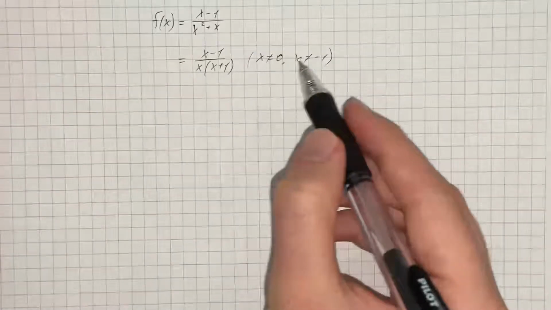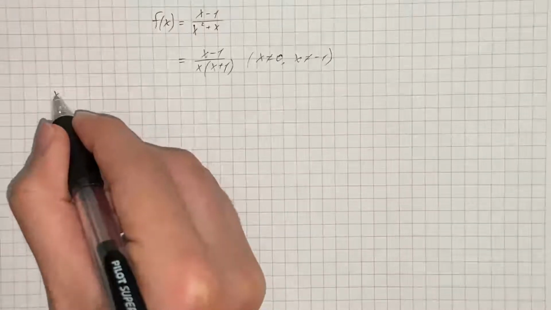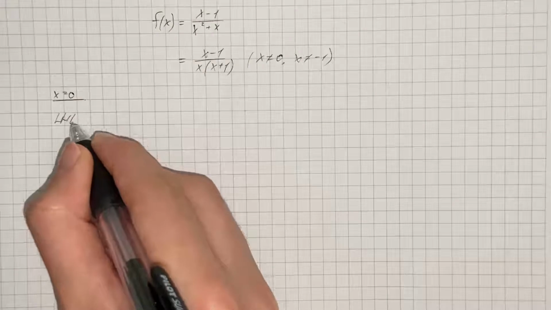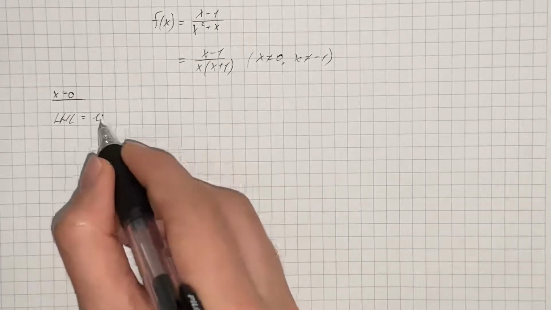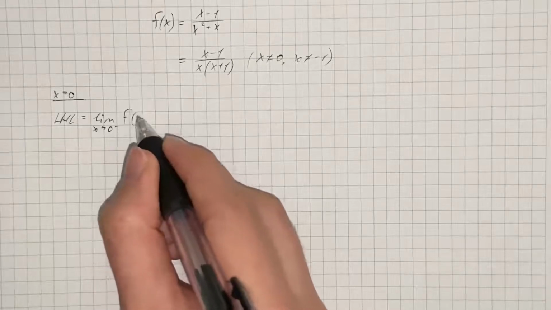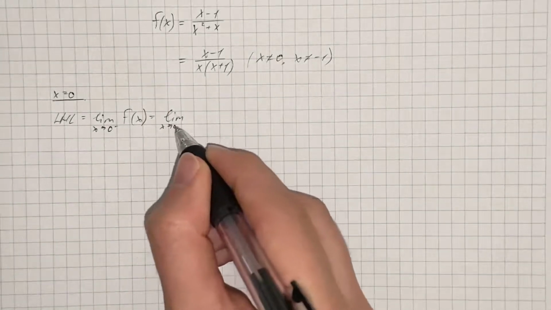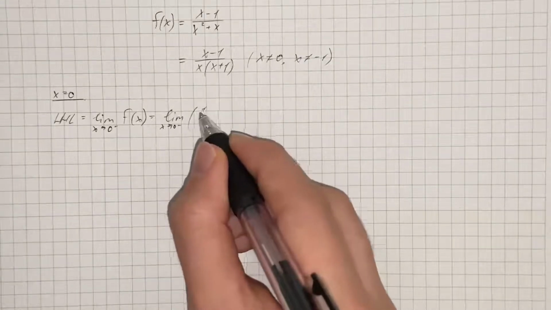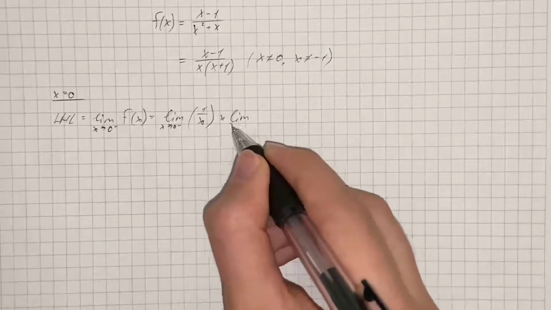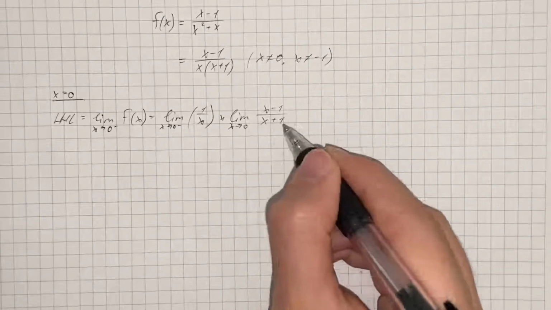So at first we're going to analyze the left and right hand limits at x equals 0. The left hand limit equals the limit as x approaches 0 from the left side of f of x, and therefore we get the limit as x approaches 0 minus of 1 over x times the limit as x approaches 0 of (x minus 1) over (x plus 1).